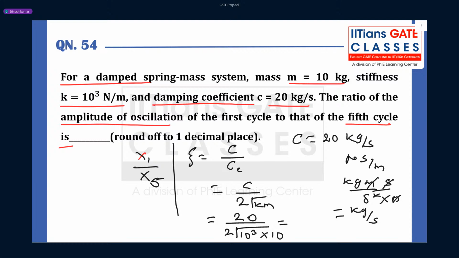So we get 20 by 20, so what is zeta? I think we will be getting 1, right? Just check it. 10 to the power 4 is 100. No, not 1. It will be 20 by 200. So we get zeta as 0.1. Clear?